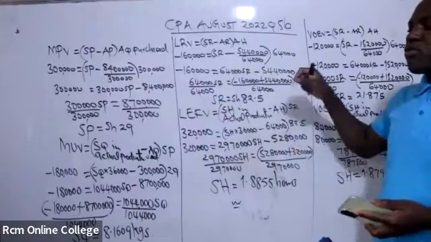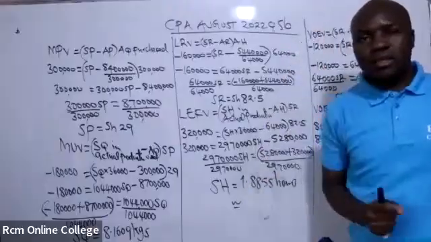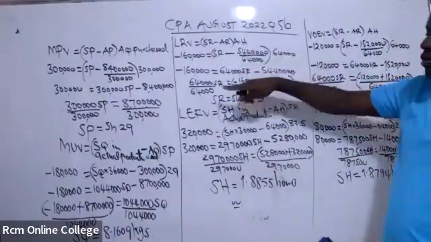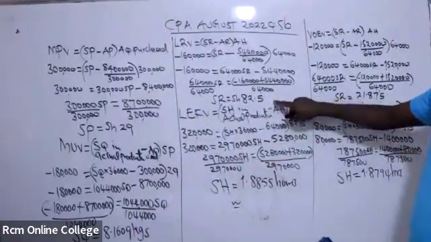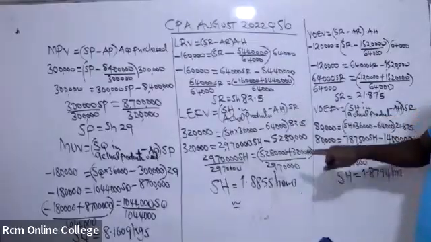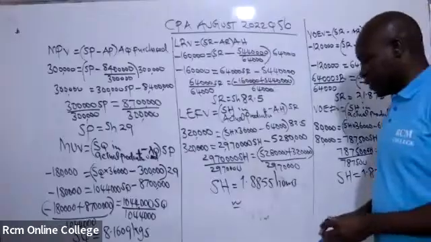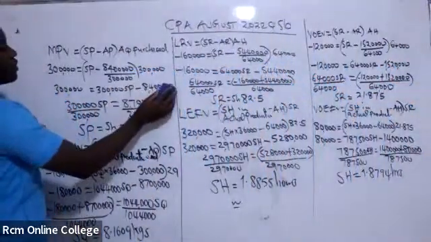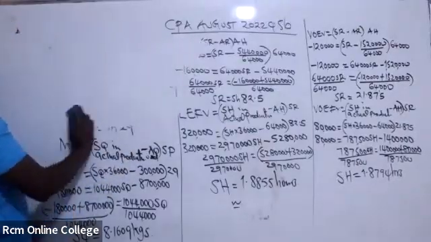So how do we come up with a standard cost card of a unit of product T? I'm requesting you to give me these figures, this one here, this one here, and also this one. Please don't let me down. Give me those figures so I can finalize the standard cost card.